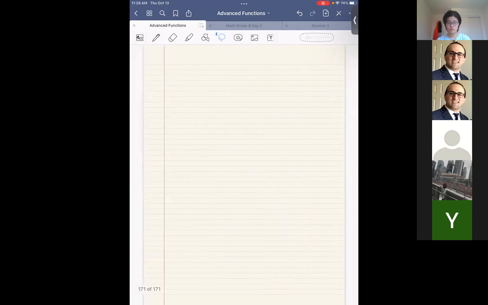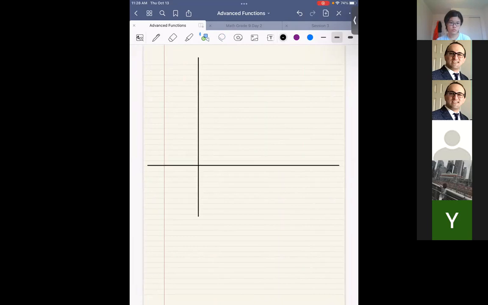Okay, so if you want to draw the graph of tangent, there is a vertical asymptote at pi half, and also 3 pi half.